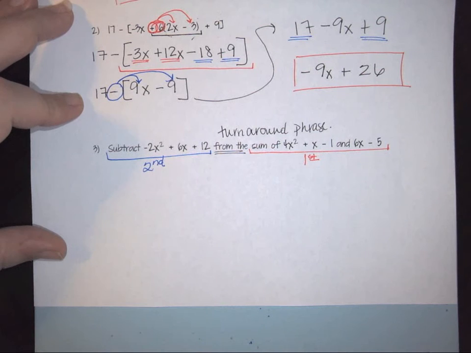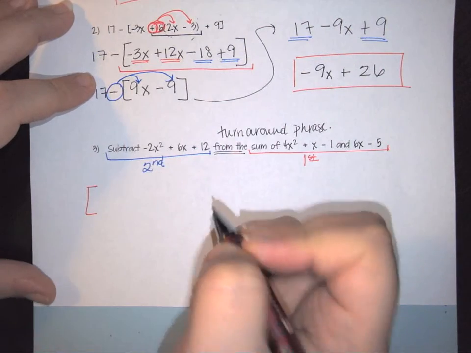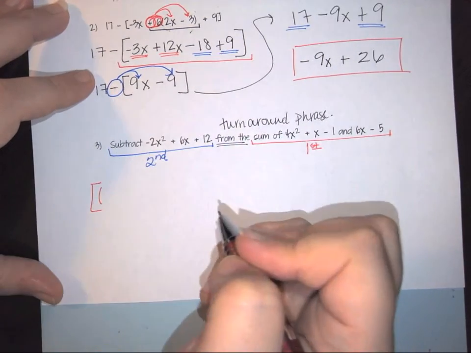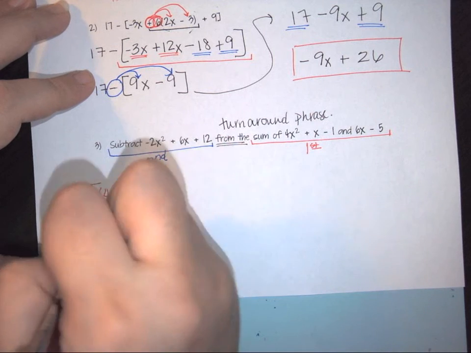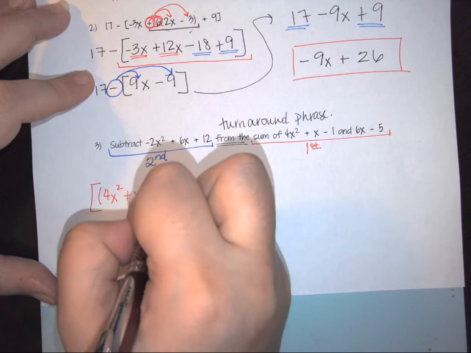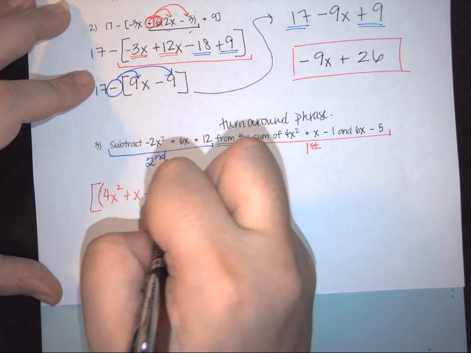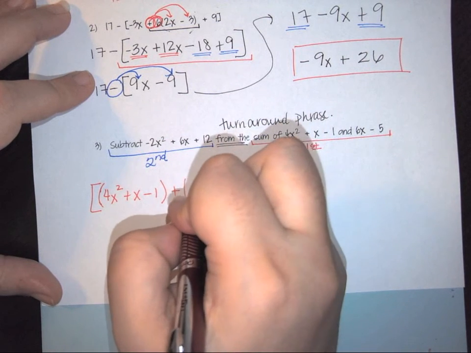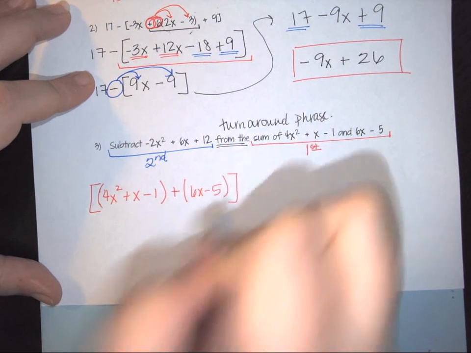So the way we write that is we have the sum of these two polynomials together. So we have to open a bracket, and then my first polynomial is the 4x squared plus x minus 1, close my parenthesis, and I am adding that to my second, which is 6x minus 5, and then I got to close my bracket.